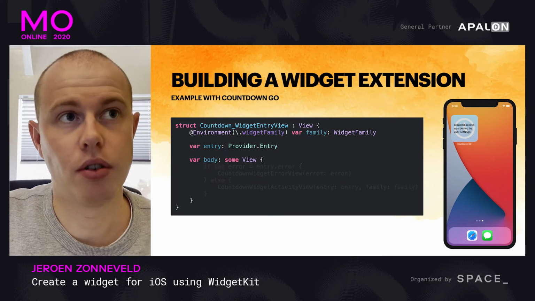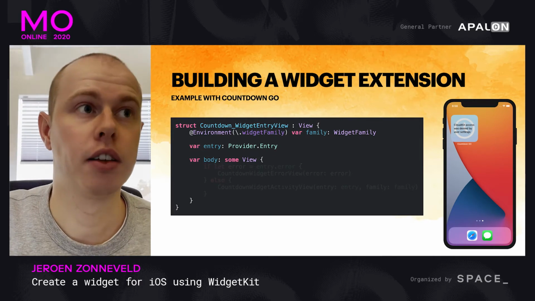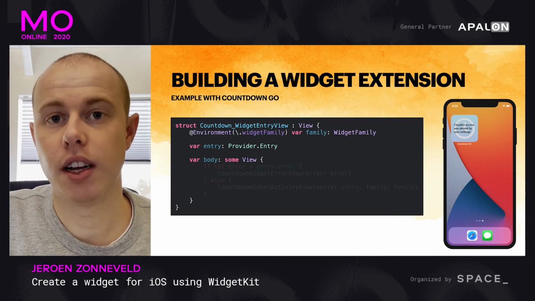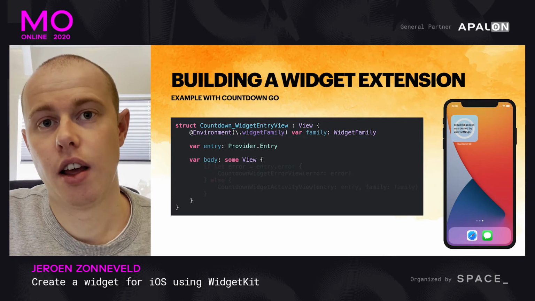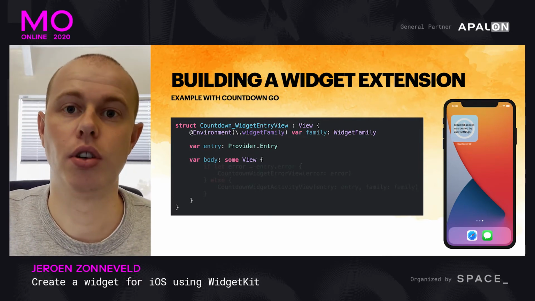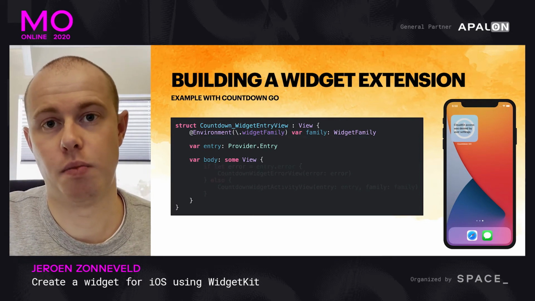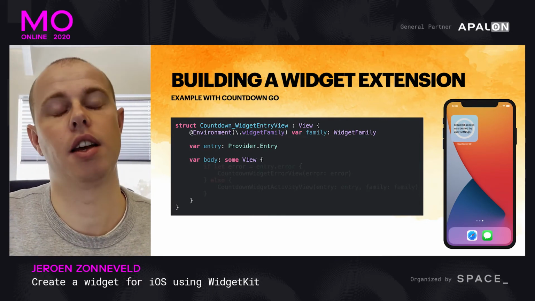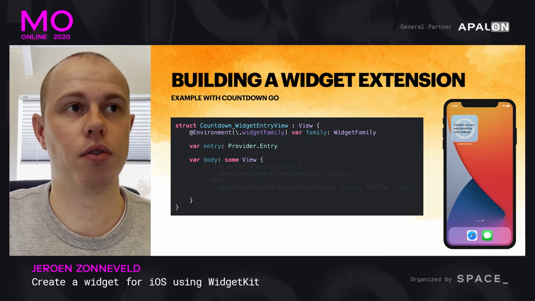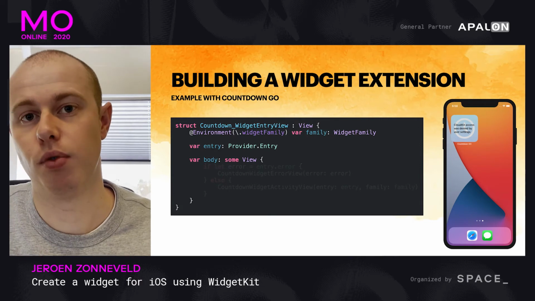So I want to know the widget family, so the widget size which is presented, and I want to know that because of the font size. When a medium or a large widget is shown to the user, I want the font size to be larger and better to read. So in that case, when the widget size is larger, I will set my font also larger.